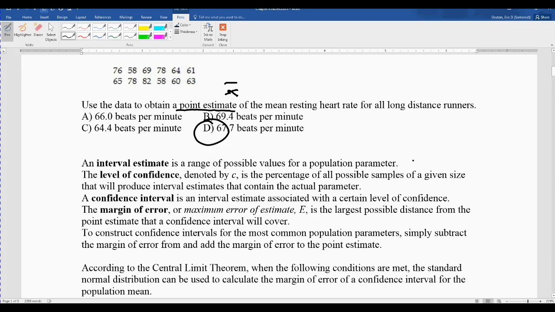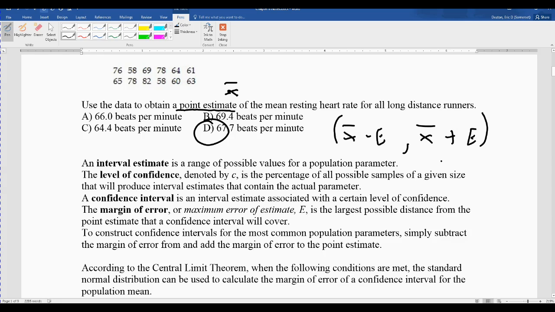You'll take the X bar, which is the sample mean, and this is an estimate for the population mean. We're just doing an interval, so you do X bar plus the margin of error, and then X bar minus the margin of error, and we'll call E the margin of error.